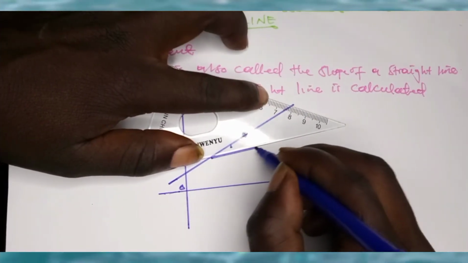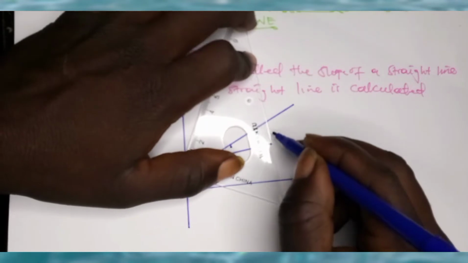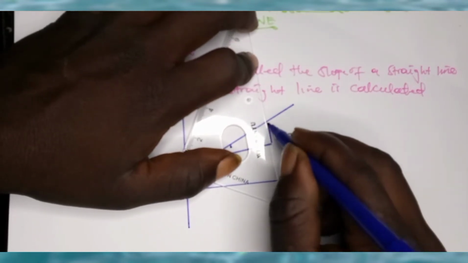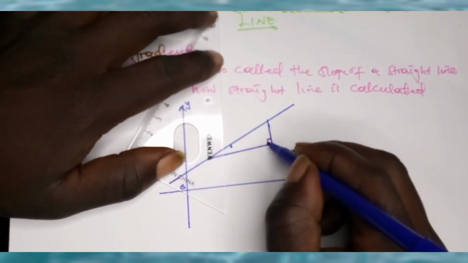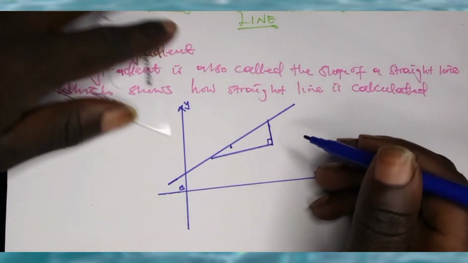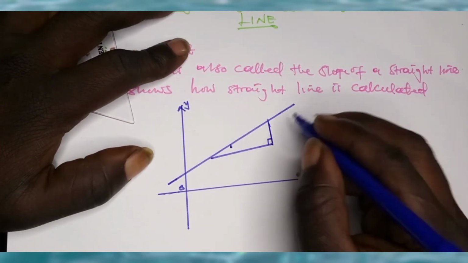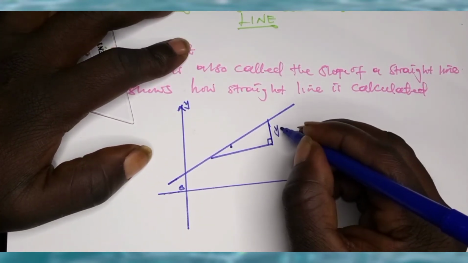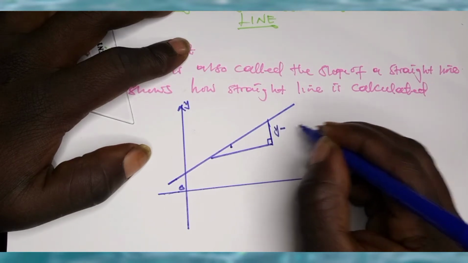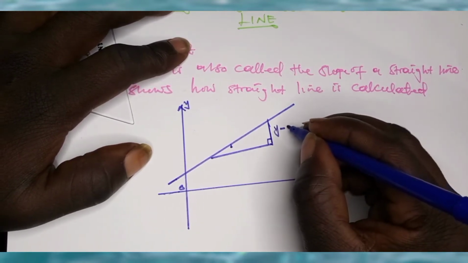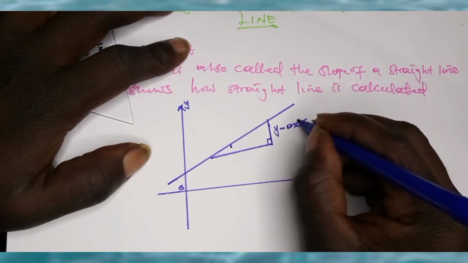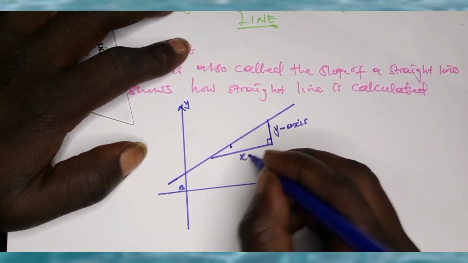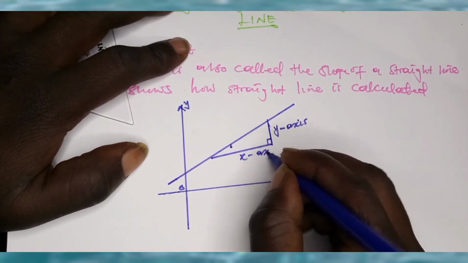Let's also draw a right angle triangle on the line which we have drawn, which has got 90 degrees, with the y-axis in a vertical way, and the x-axis in a horizontal way.